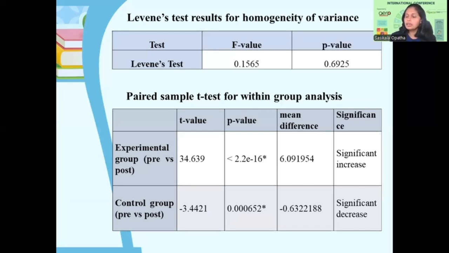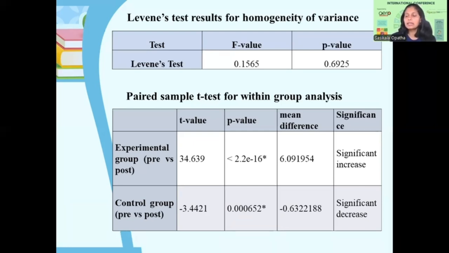Also, Levene's test was done for the pre-test scores at the beginning to confirm the homogeneity of variance. It received a p-value greater than 0.05, which indicates the assumption of homogeneity of variance is satisfied for pre-test scores of control and experimental groups. Then a paired sample t-test was implemented for within group analysis.